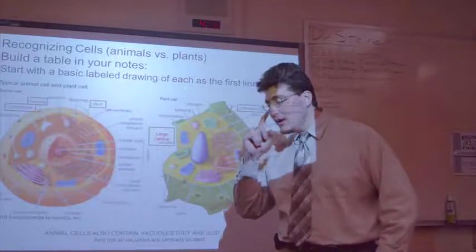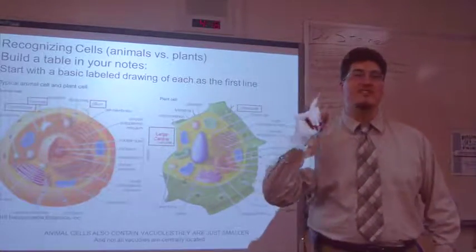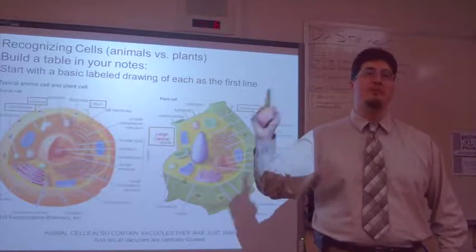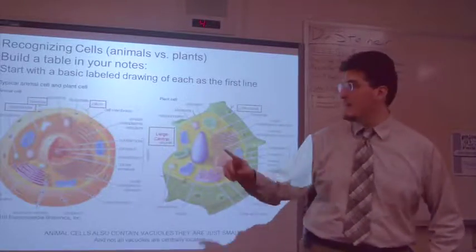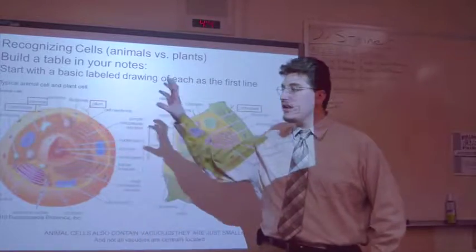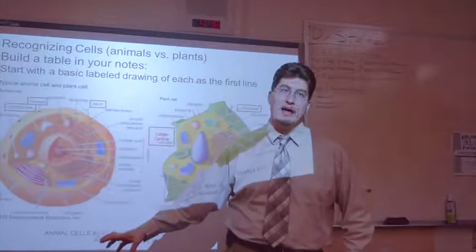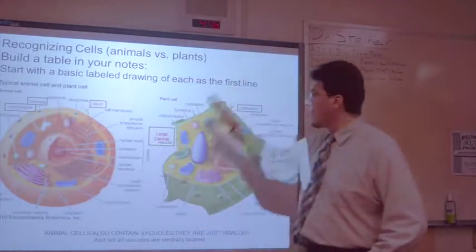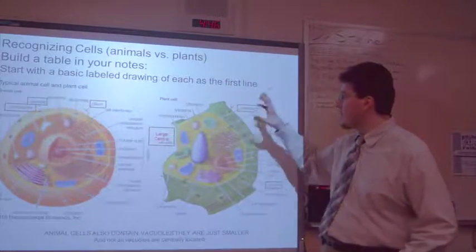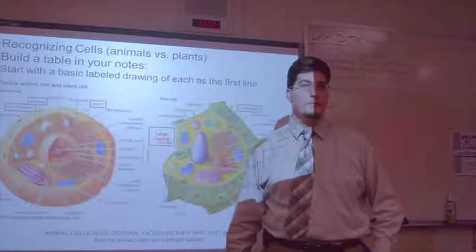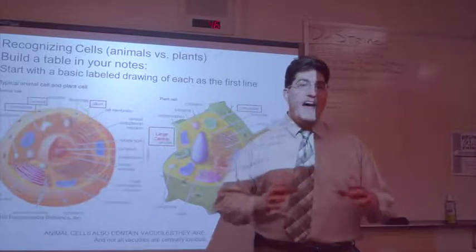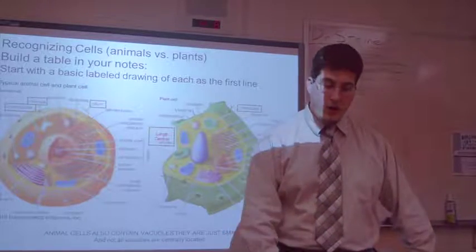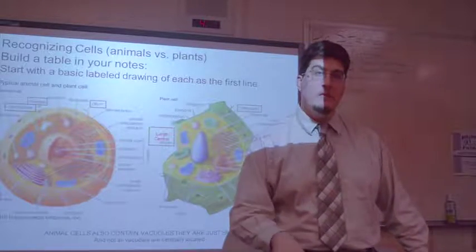If you are asked to indicate features you would expect to find if this were a plant, and they show you an animal cell, you would list things that you don't see, which are large central vacuole, chloroplast, and cell wall. If they ask for observable features, you can only list things that are in the picture.